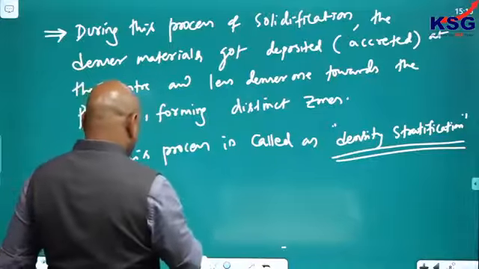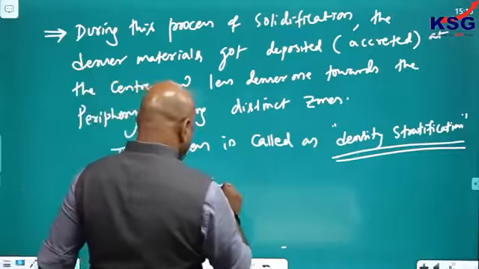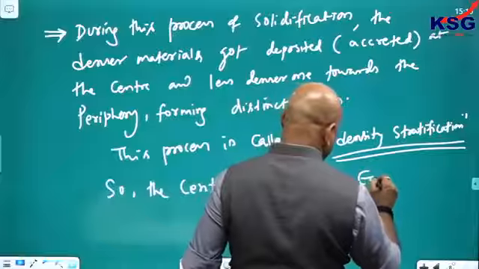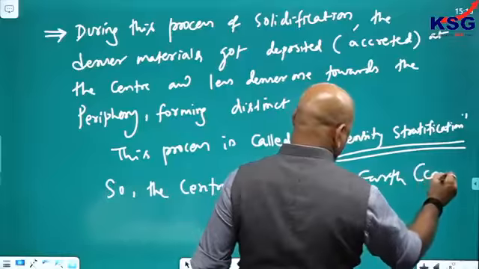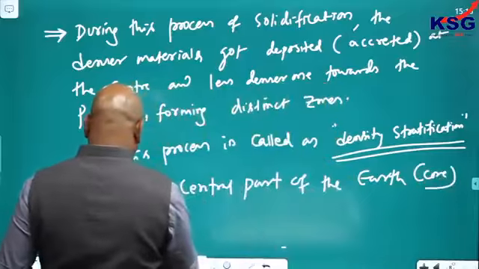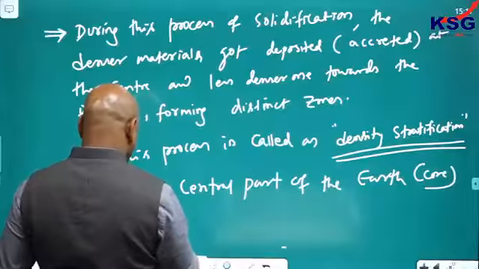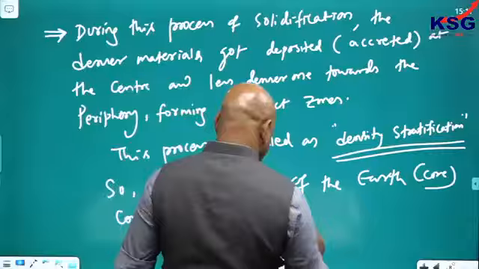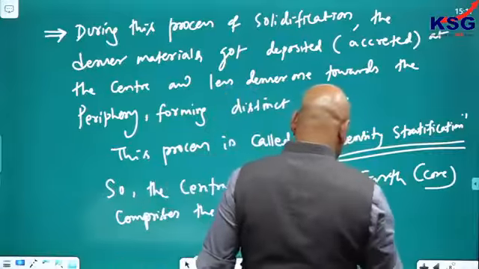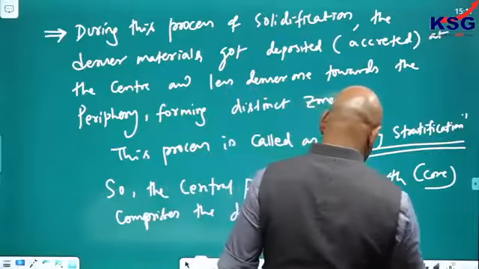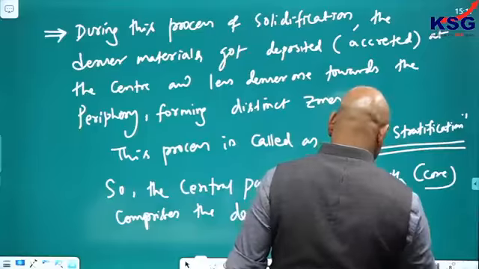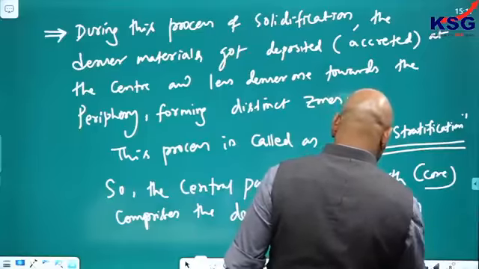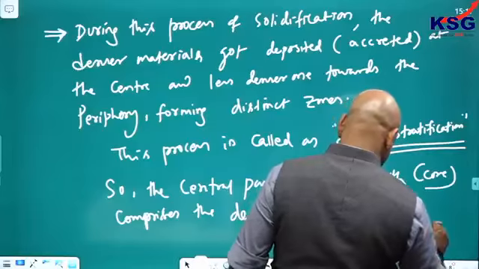So, the central part of the earth, that is the core, comprises the densest nickel and iron rich materials.